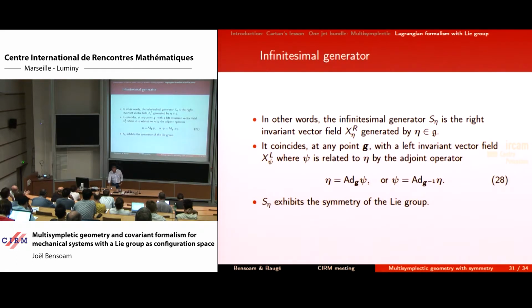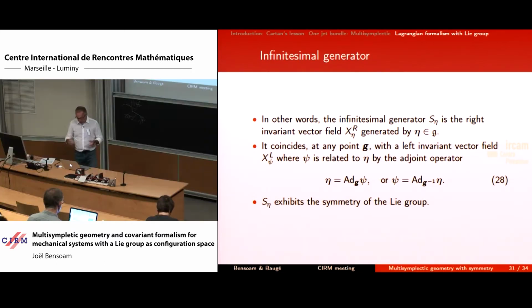And the thing to understand is that if you have, for example, a left invariance of the system, then the right invariant vector field will be the symmetric field. So there is a connection with the adjoint function between left and right velocity.